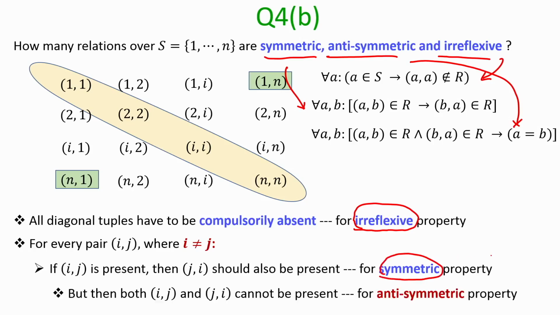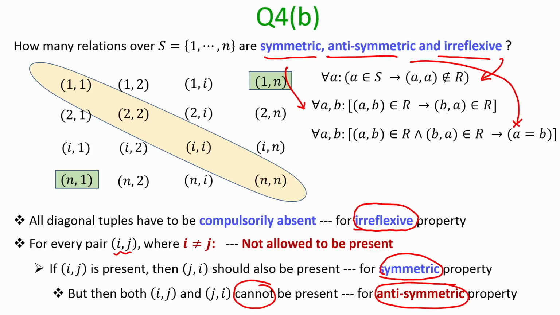But since i and j are different, if I have both (i, j) and (j, i) present in my relation, then it will violate the requirement of an antisymmetric relation. That means, I am not allowed to have the ordered pair (i, j), because if I try to include it, then it will either violate the symmetric property or the antisymmetric property.